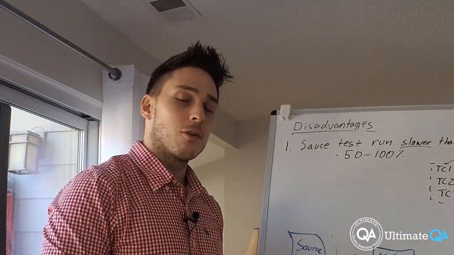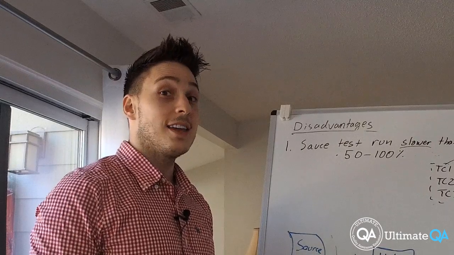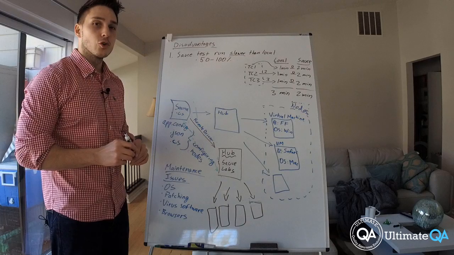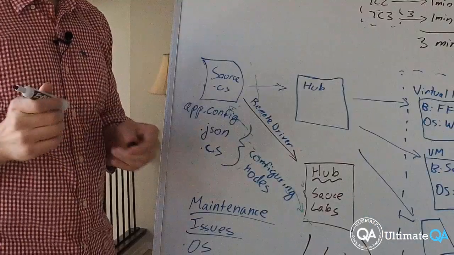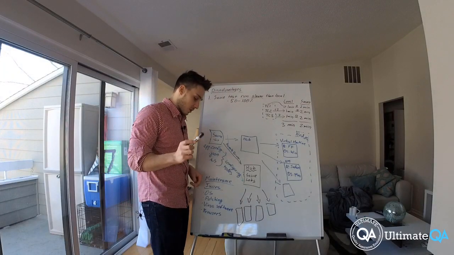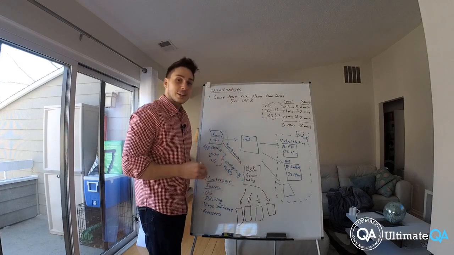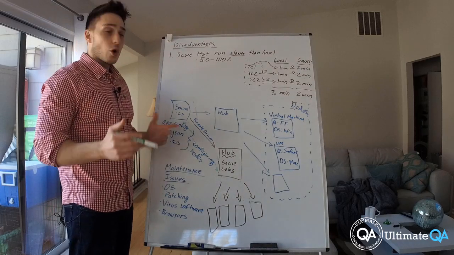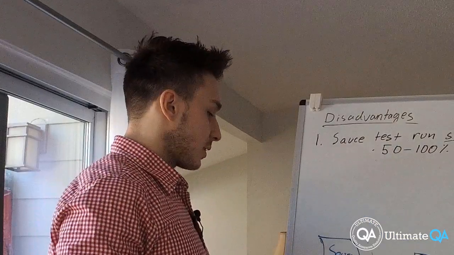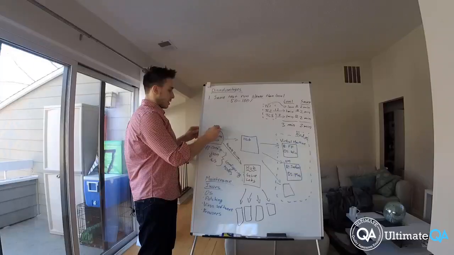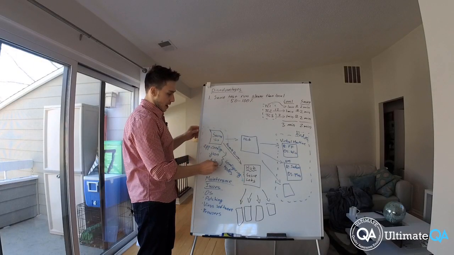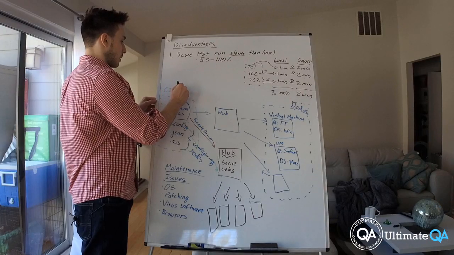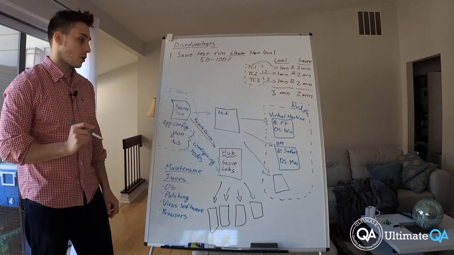So you may be asking now, why is that? Why is it that the tests run slower in the Sauce Labs cloud than they do in our local environment? Let me explain, and I think once I do, you will definitely understand why that is the case. Locally, if you're running your tests, let's pretend that this right here is your CI server that you've been running your tests on.